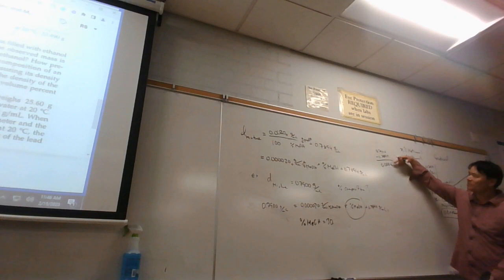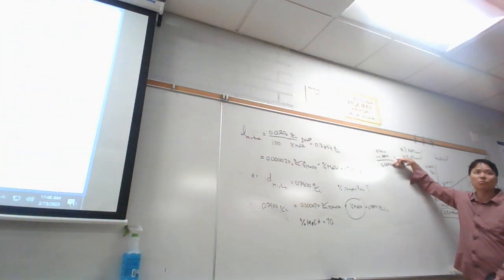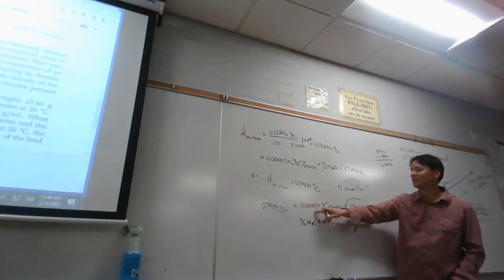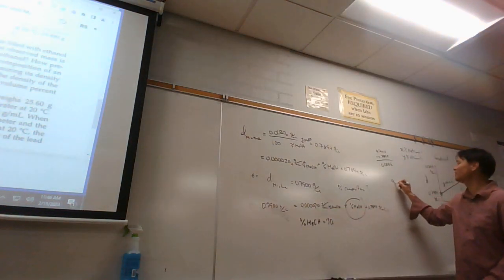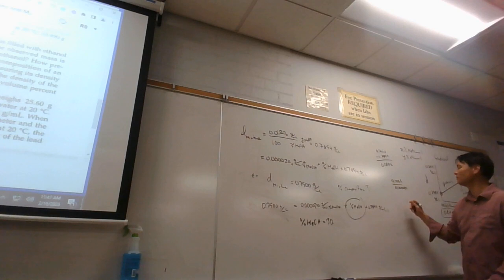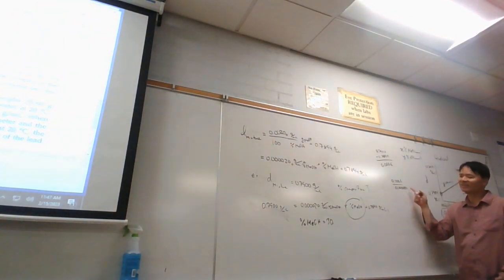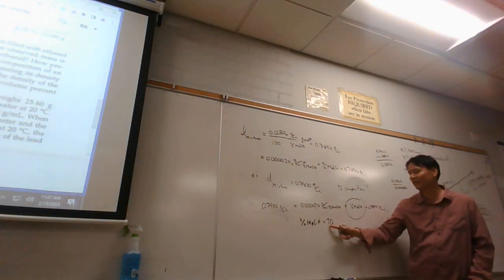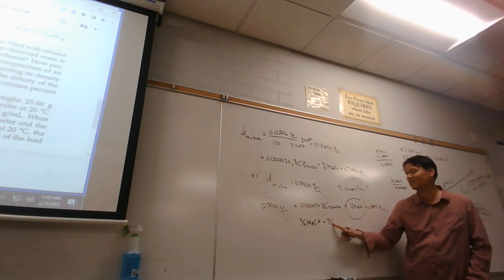I'm allowed 4 decimal places, so that gives me only 1 sig fig. And then I divide that by this, which is 2 sig figs. So I take my 0.0006 divided by 0.0020. And so now I'm only allowed 1 sig fig. And so all I can say is it's going to be 30% methanol.